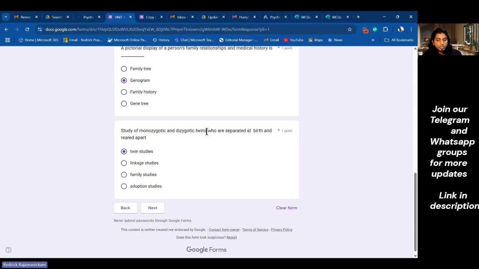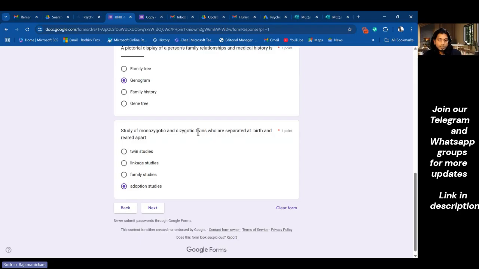They're also separating, okay, they're not separating them at birth because that will be unethical, who may have been separated because of various reasons, particularly in the US because of giving up for adoption right after birth and them going into foster families and then separating. So those things do happen commonly in the US. So it is adoption studies. So not only do they compare monozygotic and dizygotic twins, they're also comparing them when they're adopted by different families.